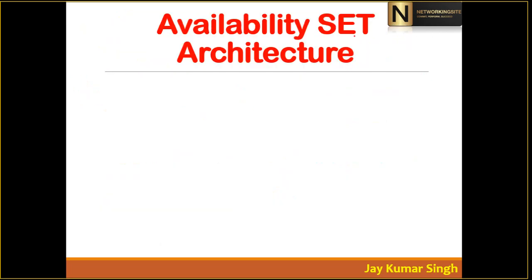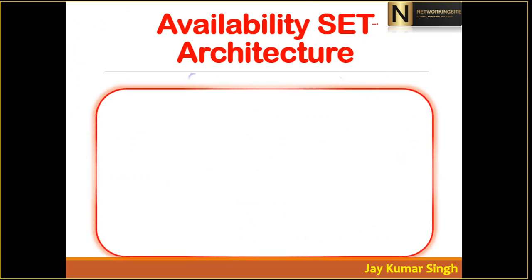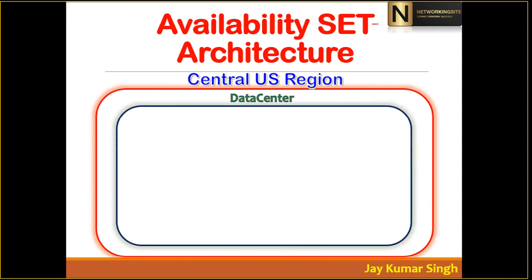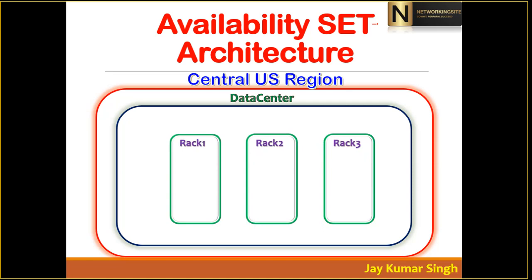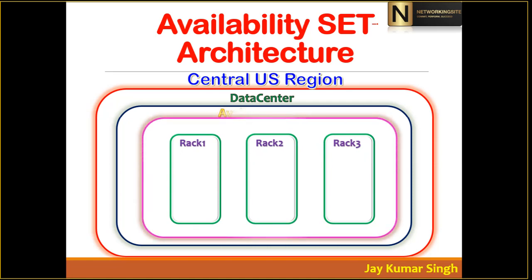Now let's look at the availability set architecture. Suppose this is the central US region. Inside it there is a data center, and inside the data center you will find racks like rack 1, rack 2, rack 3, and inside the racks you will find servers. All these racks will be inside availability sets, and those sets are not created by default, you have to create them. When you create an availability set for your company, Azure will ask how many racks you want.